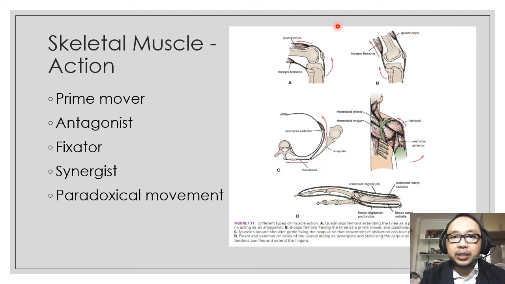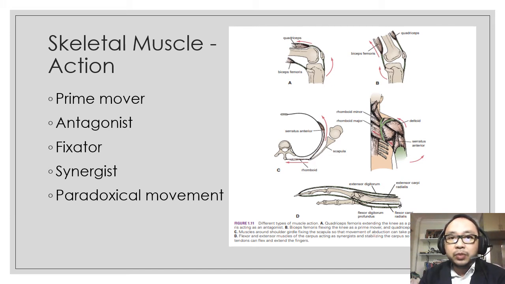In some areas, we have a fixator. Basically, a fixator is one that contracts isometrically to stabilize the origin of the prime mover so it can act efficiently. Kung sa pelikula, sa action movie, the fixator is the sidekick.